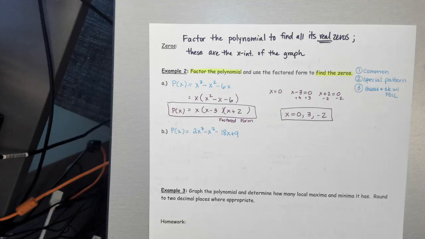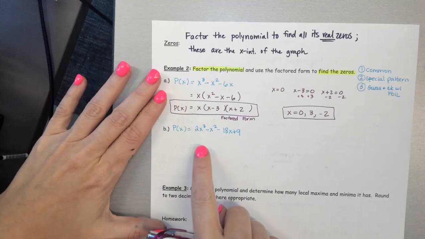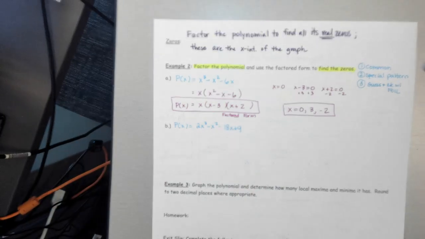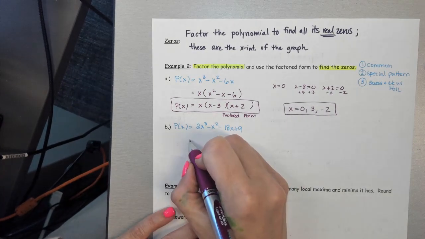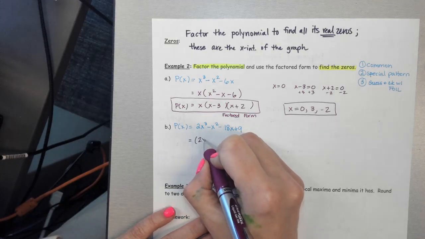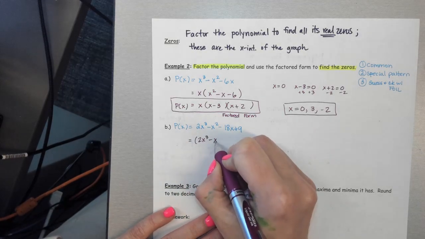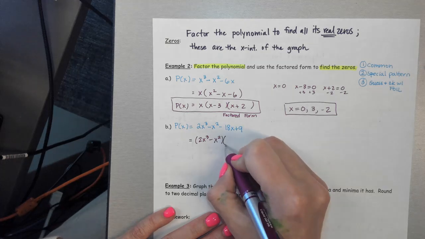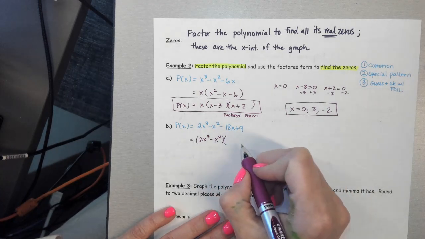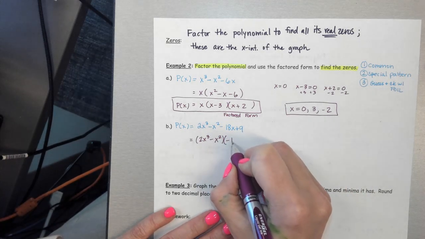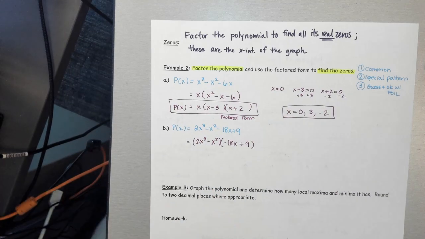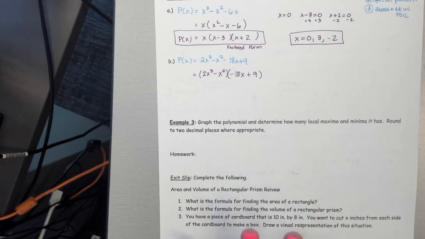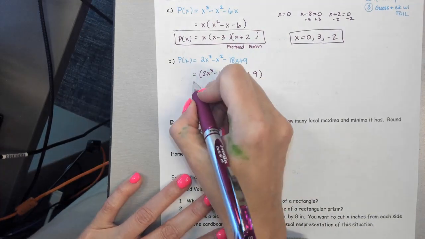All right, and then Cedric, what did your table do first for B? Yep, so great. Okay, so if there are 4 terms, we're going to factor by grouping. Okay, and then Mira, what did you guys take out for the common terms here?